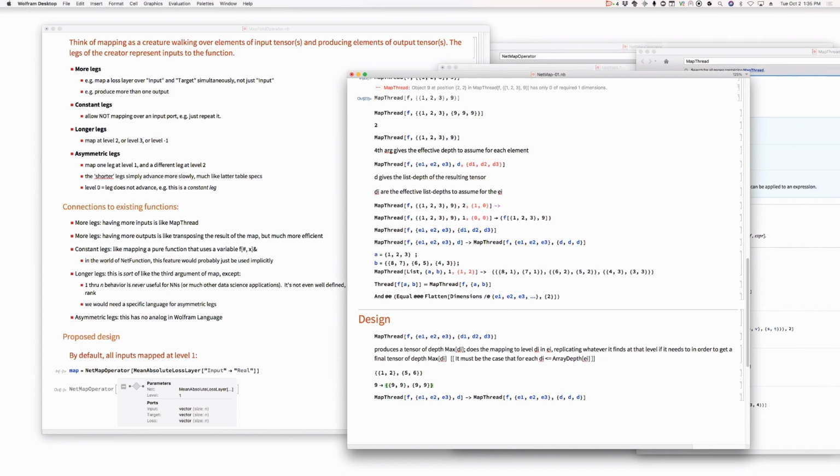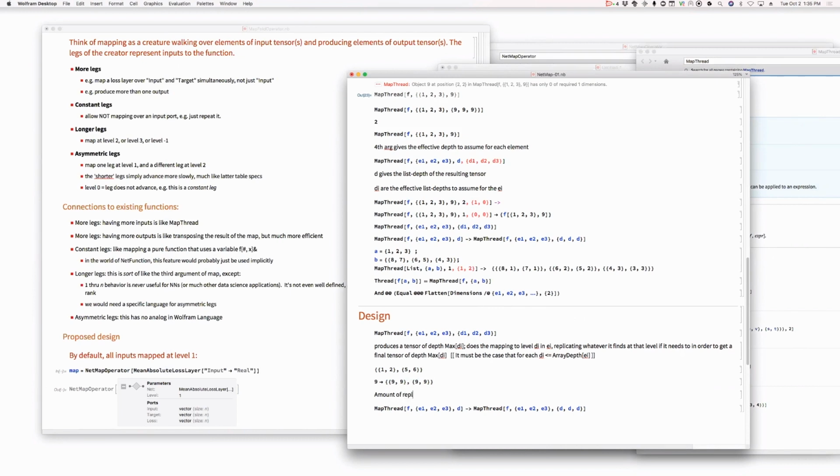Yeah, exactly. So in general, the amount of replication is the array of the thing, and then a list of length, some dimensions. Well, of length max of d I. I think it's max d I minus the particular d I, right?